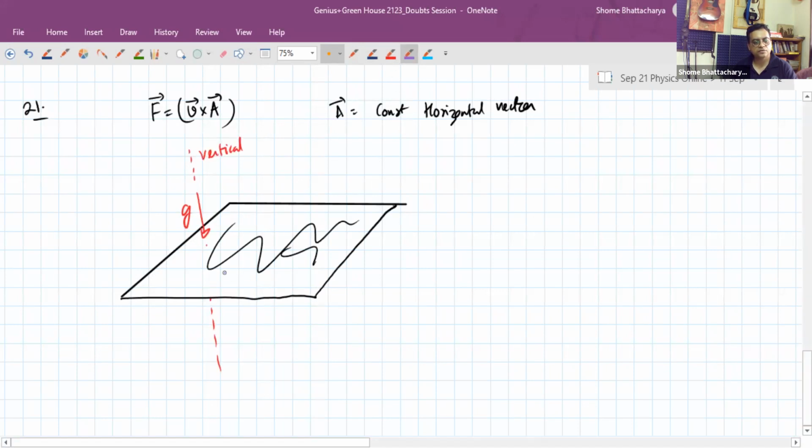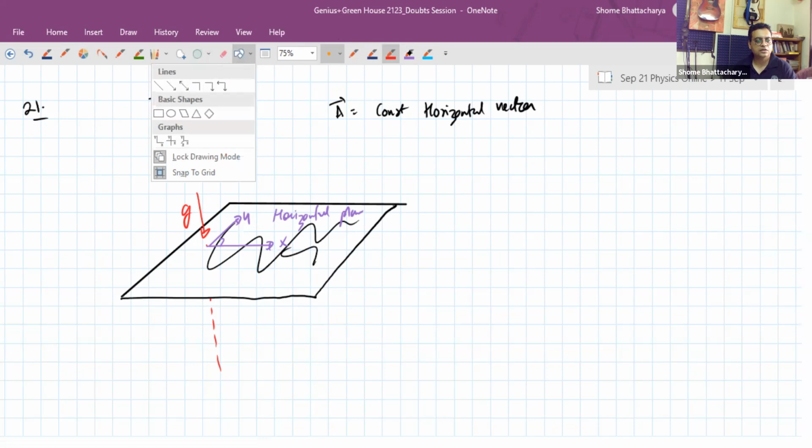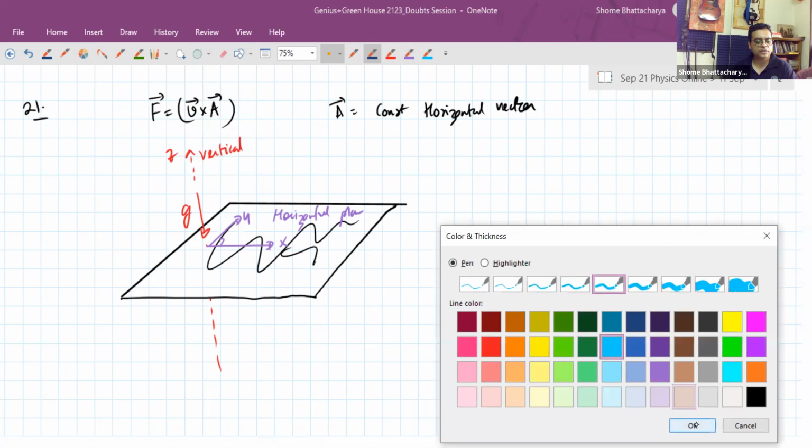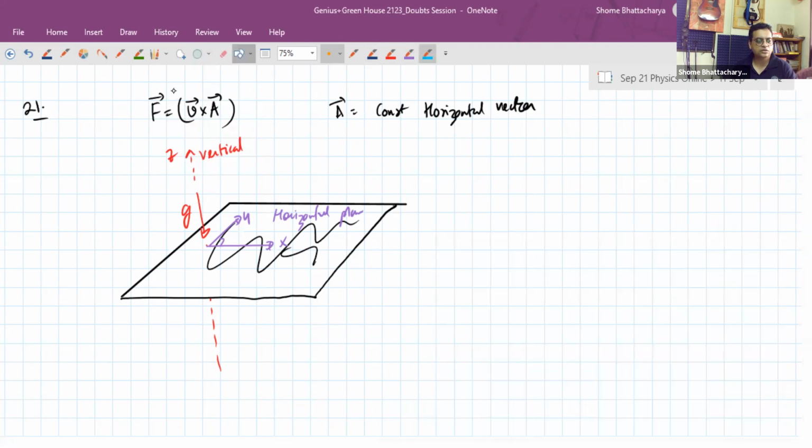Let's say we have drawn our reference frame such that the x-axis and y-axis constitute the horizontal plane, and gravity is along the negative z-axis. Since I am free to select my x-axis anywhere, as long as it's in the horizontal plane, let's say I have selected the x-axis in such a way that my vector A was lying along the x-axis. In whichever direction that vector A was, I've just selected that to be my x-axis.